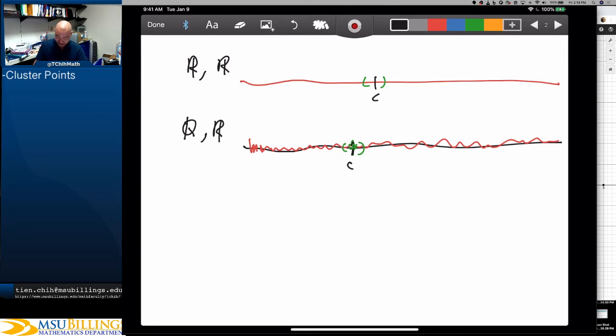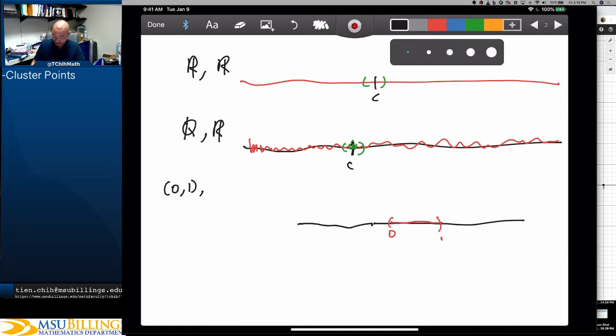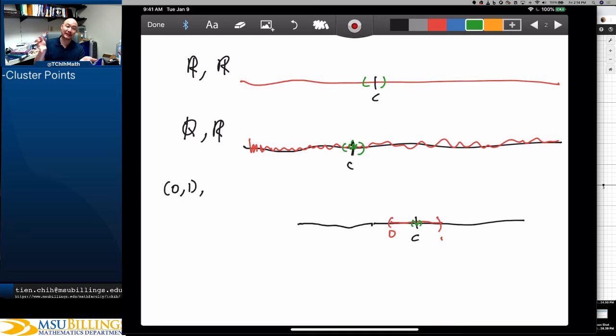Let's next take a look at the open interval (0, 1). So we should note two things. One of them is if I pick a c inside this interval, any epsilon around that c, shrink it, I'm always going to pick up pieces of that interval, right?